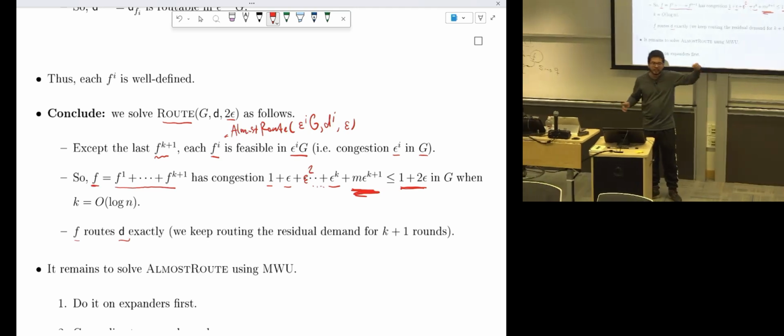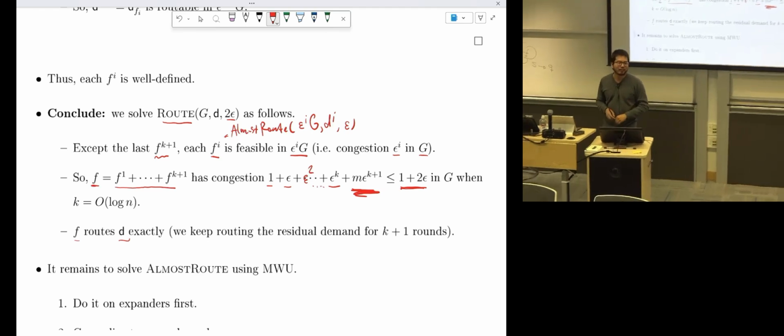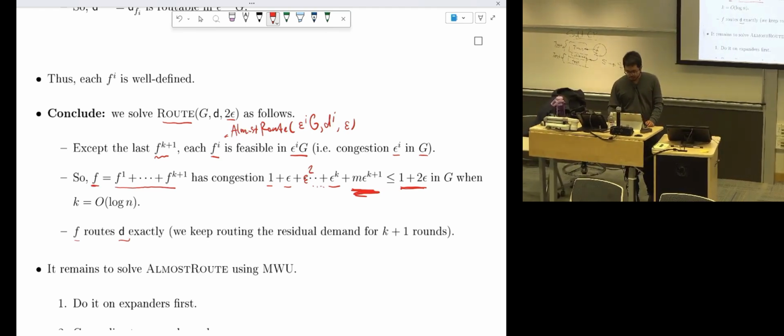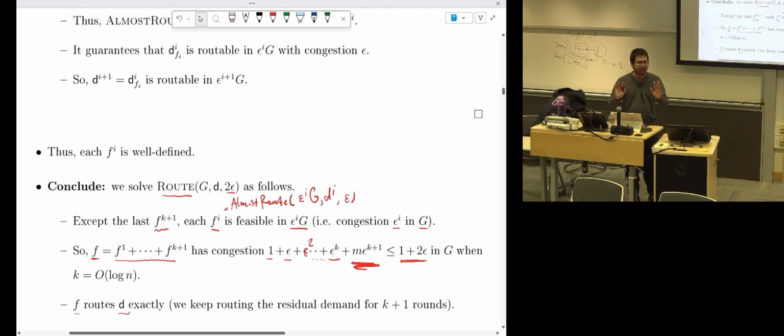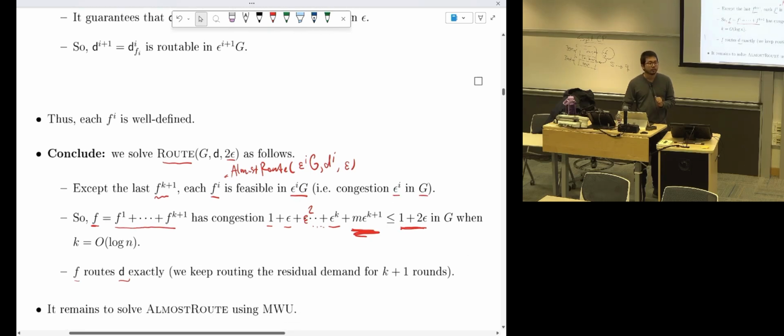And the last one will just route the smallest residual demand. So we route all the demand. So I hope now you're convinced that the goal is just to solve almost route. Any questions up to this?